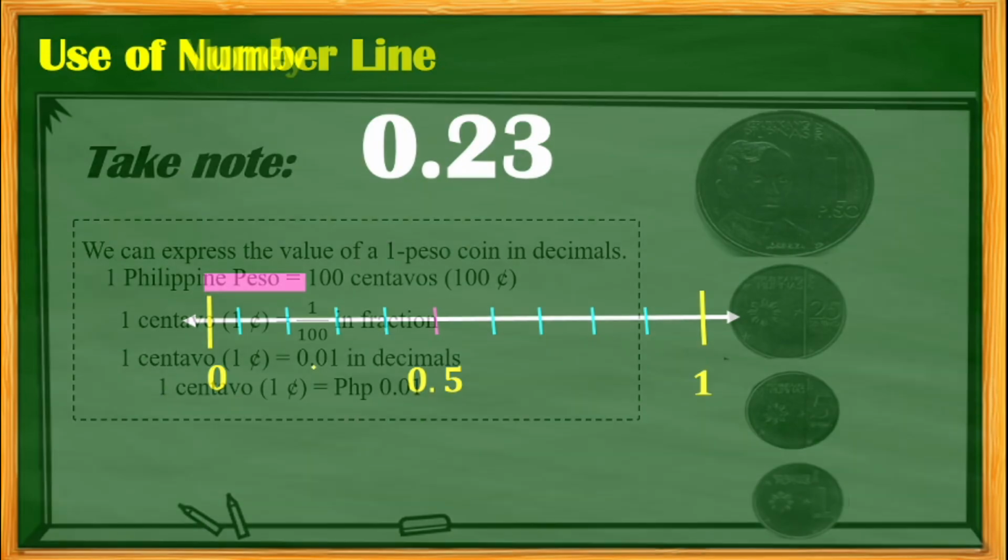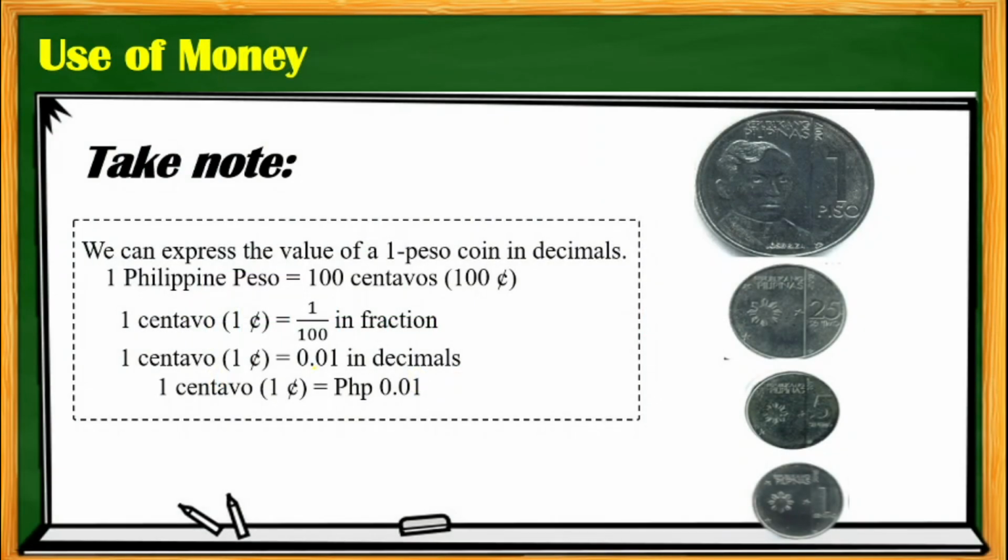Okay, next. Now, using money, take note, we can express the value of a 1 peso coin in decimal. In Philippine money, 1 peso coin is equivalent to 100 centavo. 1 centavo is equivalent to 1 hundredth in fraction.